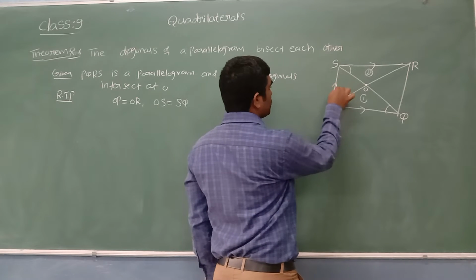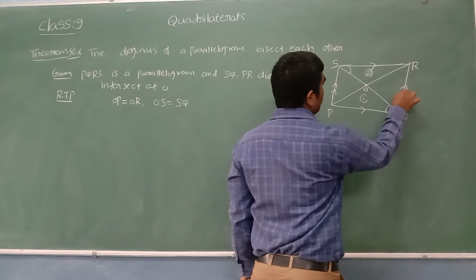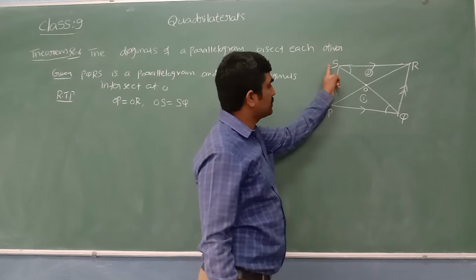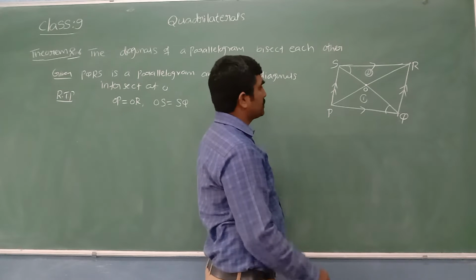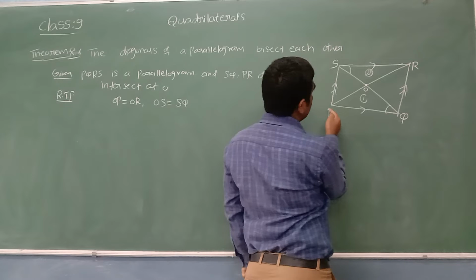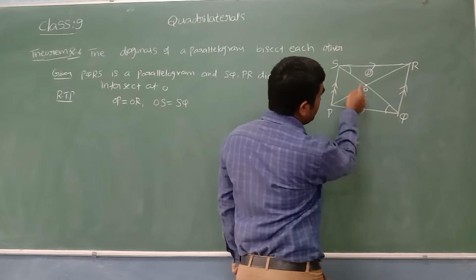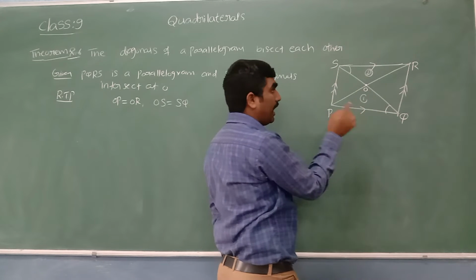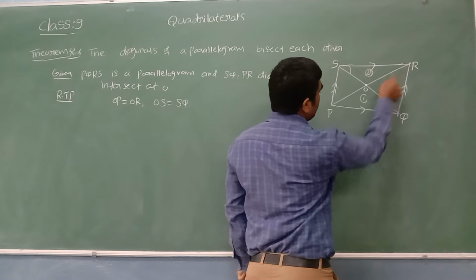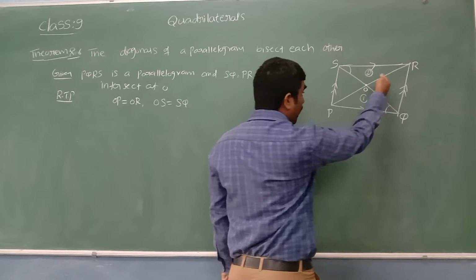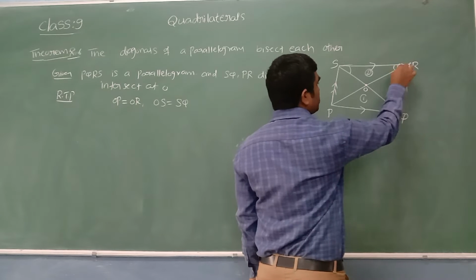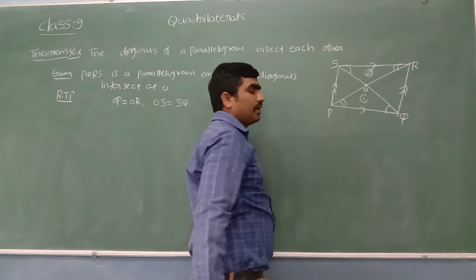Similarly, the other opposite pair is also parallel, SP parallel to QR, and SQ is also a transversal. Let us go with SR parallel to PQ only. Now this time let me take RP as the transversal. When RP is a transversal, both of these angles are equal. They are also alternate angles.